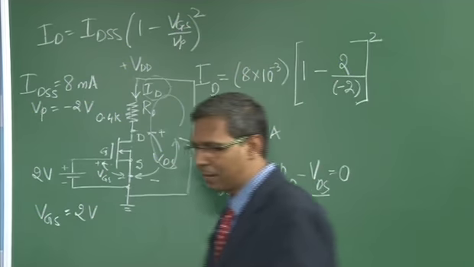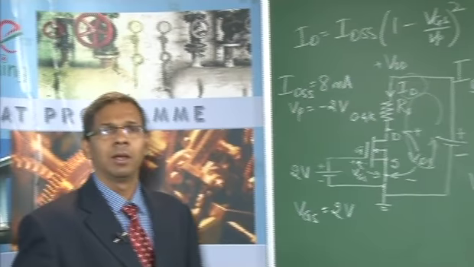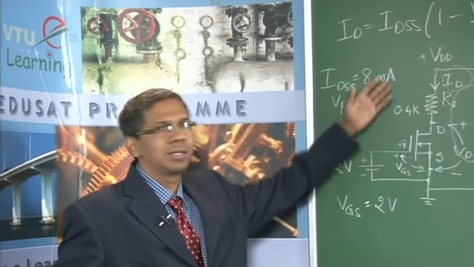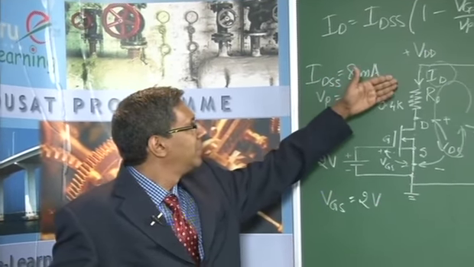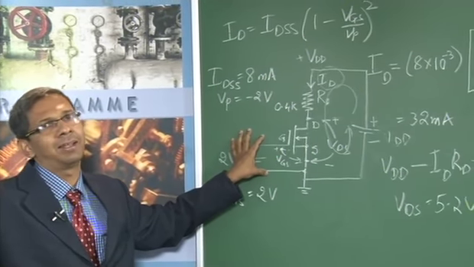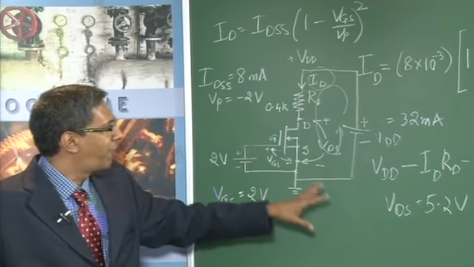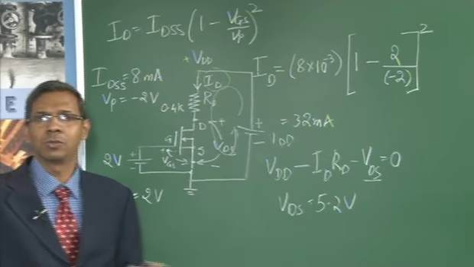Okay. So what does that mean then? I started with a problem which required me to do the biasing techniques. This is called a simple self-bias circuit which consists of one resistor and a direct DC voltage at the gate terminal. So my Q point is finally the value of ID and VDS. So how do I write the answer?